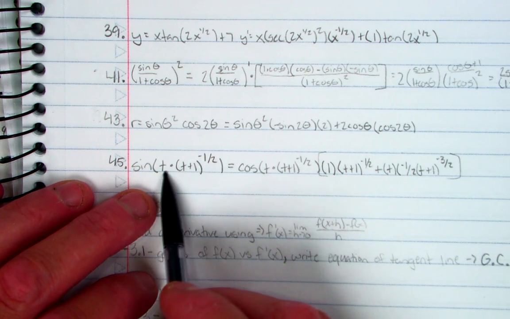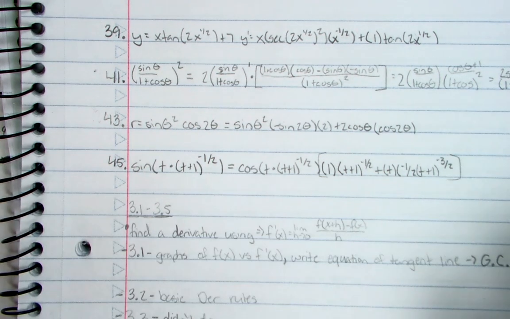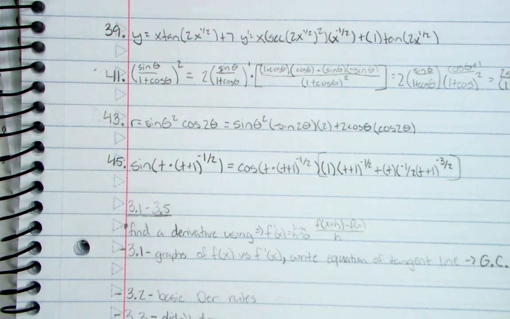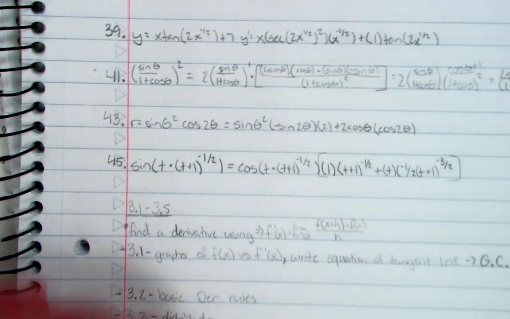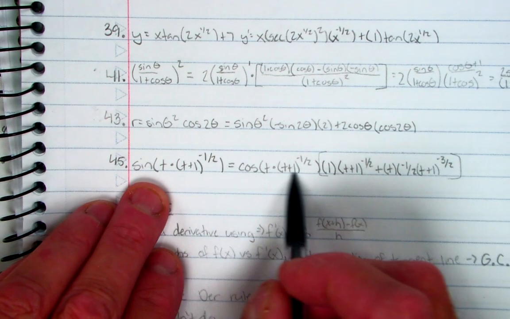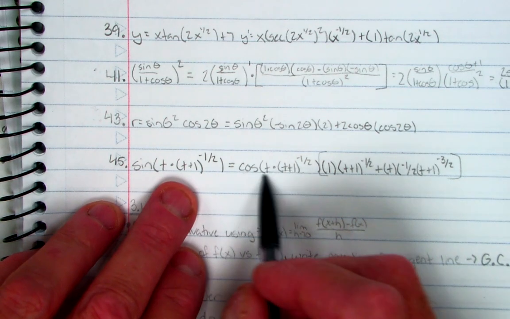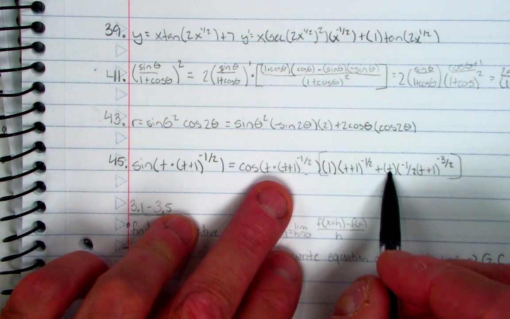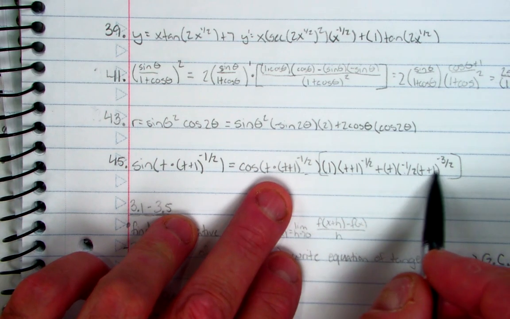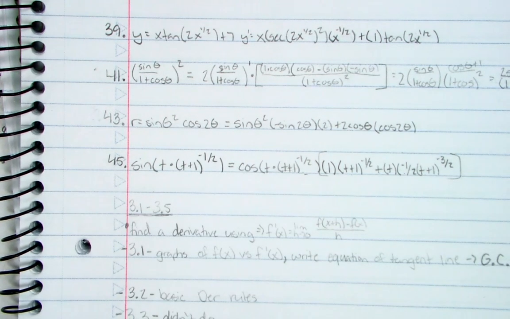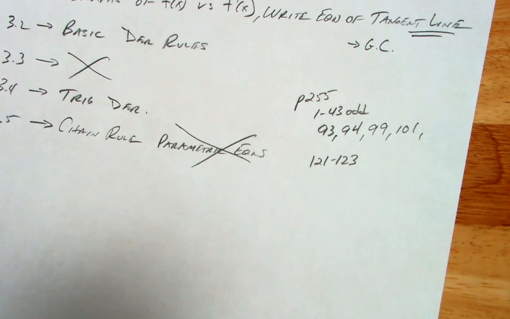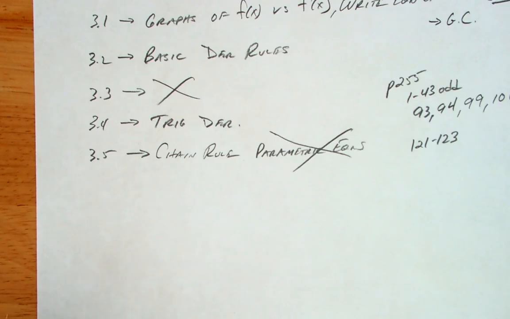Just have faith in yourself here. Okay. Cosine. Got this. Good. 1 times this plus t times negative 1/2, that to the negative 3/2. Perfect. Good job.